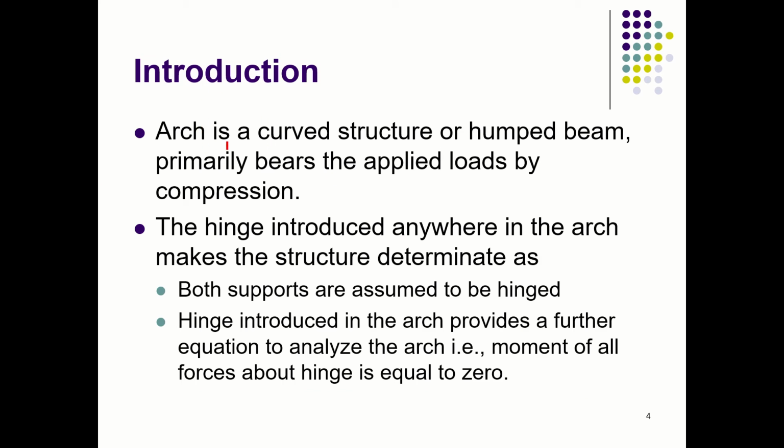Continuing with the introduction, an arch is a curved structure or humped beam. So this is a new thing, that it is a humped beam, which primarily bears the applied loads by compression. So please keep in mind that an arch resists the applied load by compression. A hinge introduced anywhere in the arch makes the structure determinate, as both supports are assumed to be hinged.